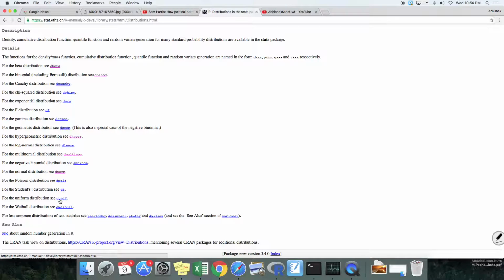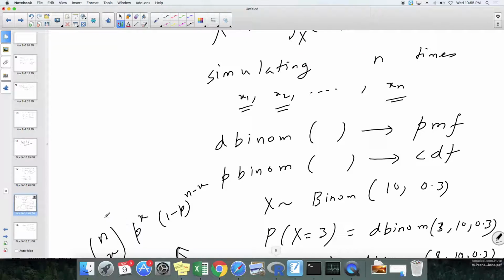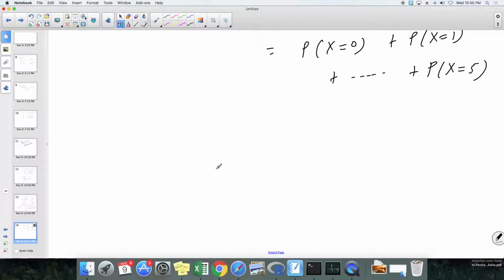So let's take dunif. Once again, look at the general scheme. So rXYZ, with appropriate parameters. Generally the first parameter is the number of variables you want, and then the rest of the parameters.